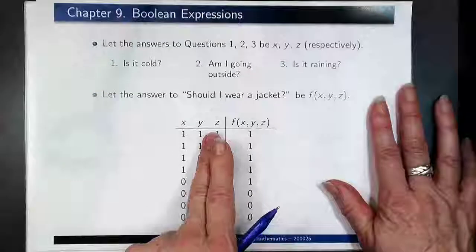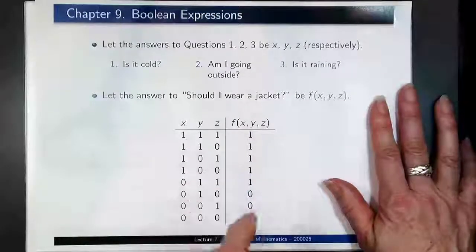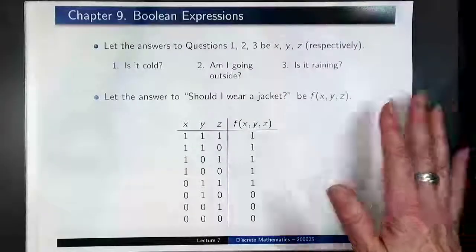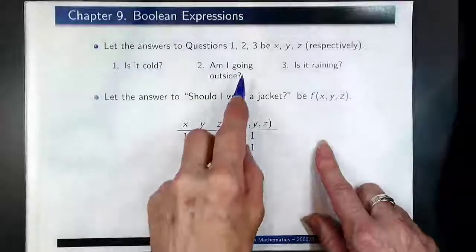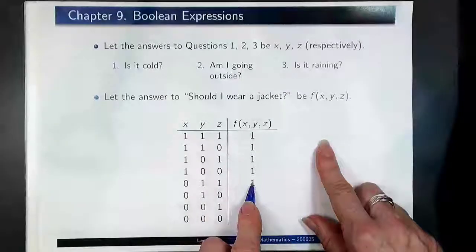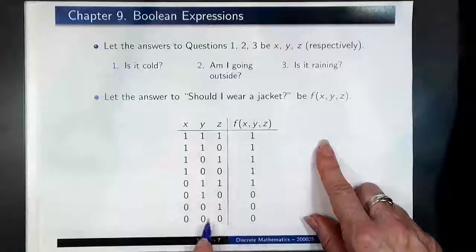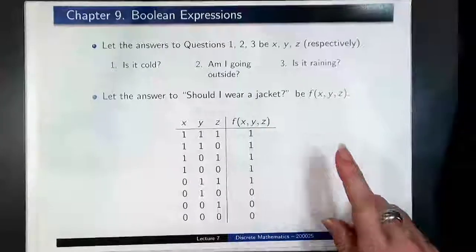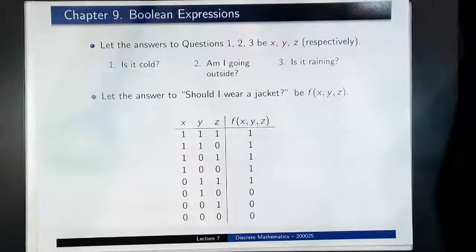I don't even need to look at those. I know it's a 1 there. I'm going to wear a jacket. Or if I'm going outside on a rainy day, meaning it's a yes and a yes for those 2. So I put a 1 there. And in those 3 cases there, I don't wear a jacket. So that table describes the function. Agree? Right.